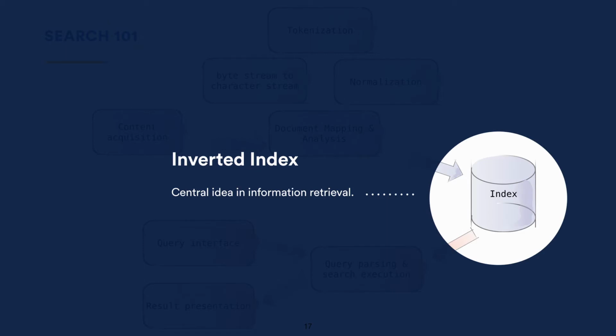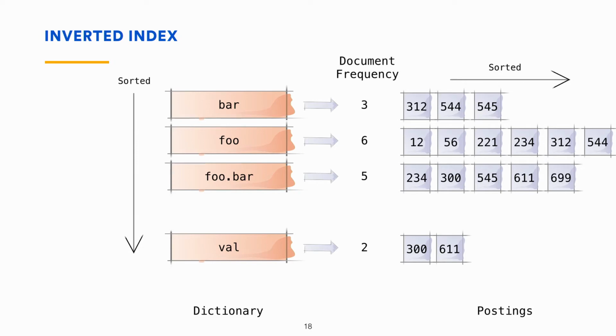It's a bit of a tautology, but that's the terminology that is being used in information retrieval literature. And conceptually, that is very simple. That is simply a often sorted set of terms in what is called a dictionary that are mapped to document lists of document IDs. Those are also called posting lists.